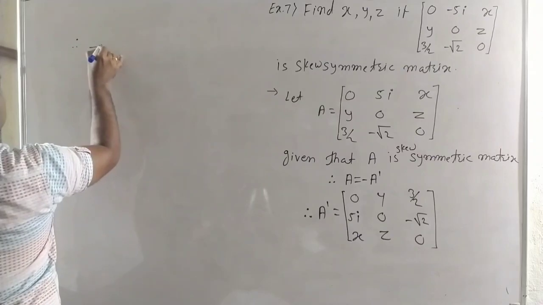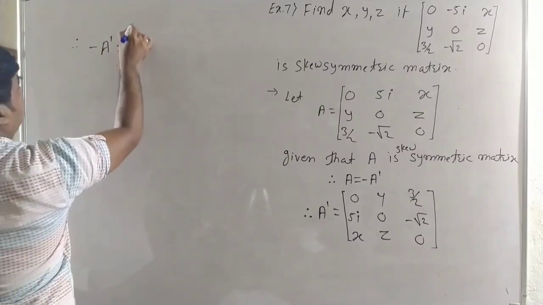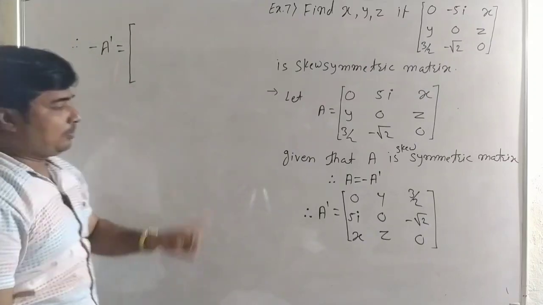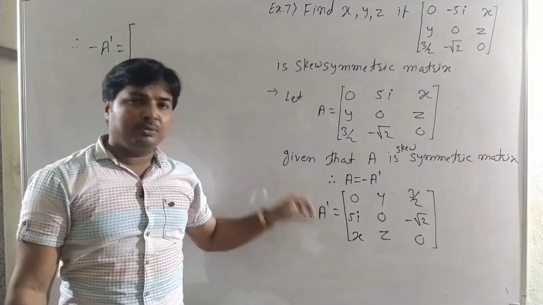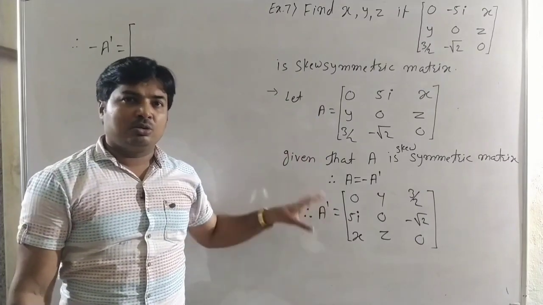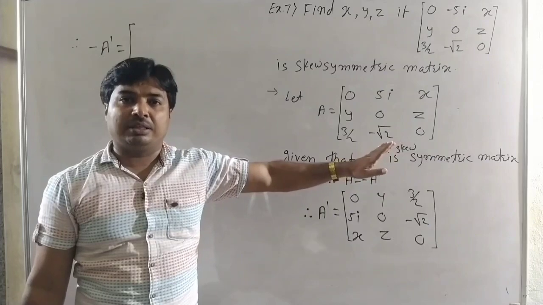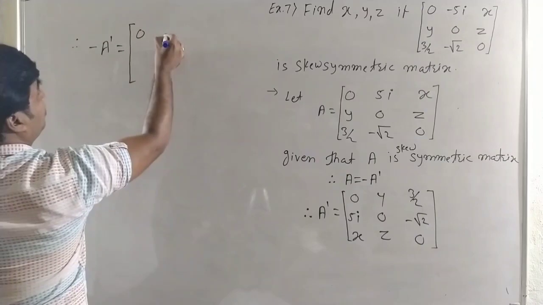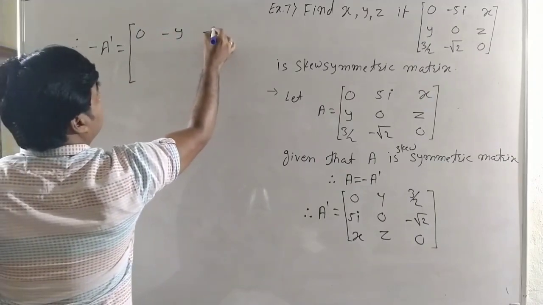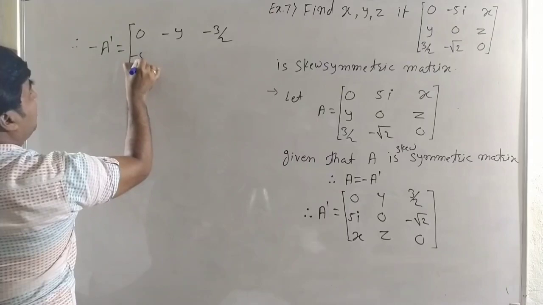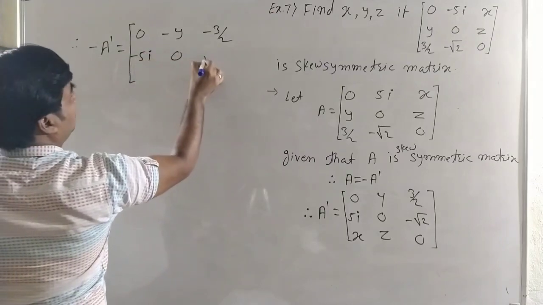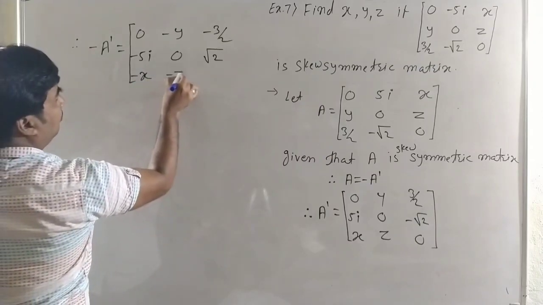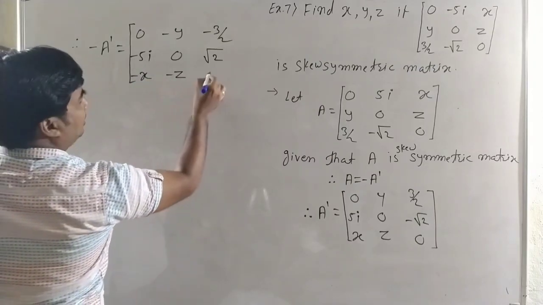We multiply all elements in A dash by minus. In a matrix, if we multiply by some number, we multiply all the elements of the matrix. Here there are 9 elements, so minus A dash is minus 0, minus y, minus 3 by 2, minus 5y, minus 0, root 2, minus x, minus z, 0.